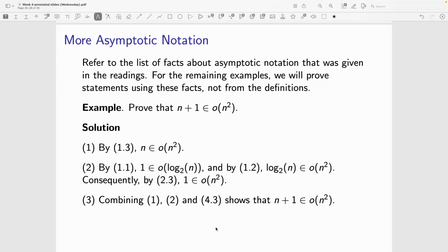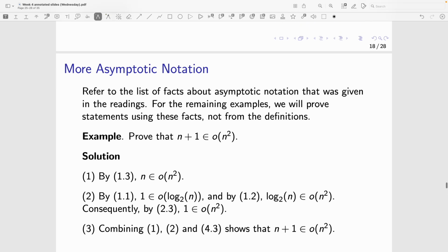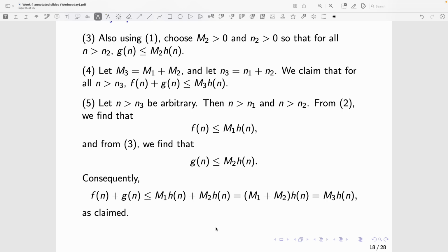So here's the cutoff for the quiz. Actually, no. Here's the cutoff for the quiz. For Friday, you'll want to maybe not memorize, but have a good understanding of all the definitions, like big O, big omega, little omega, and big theta.